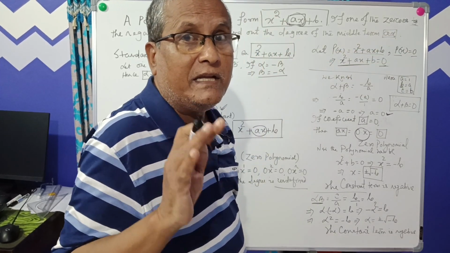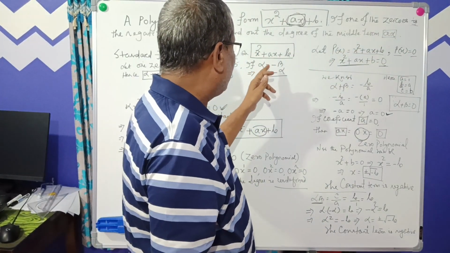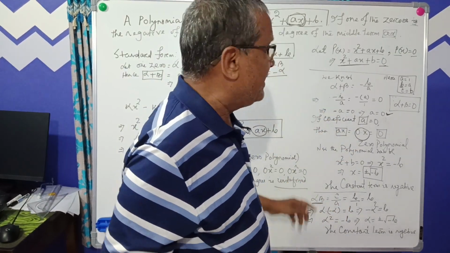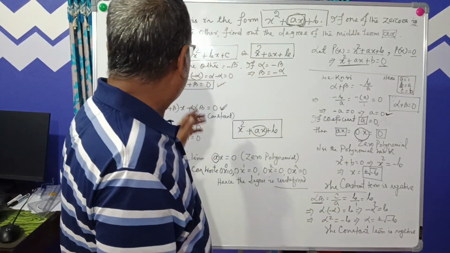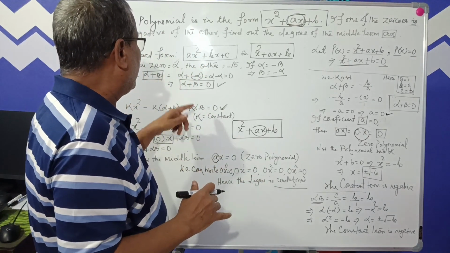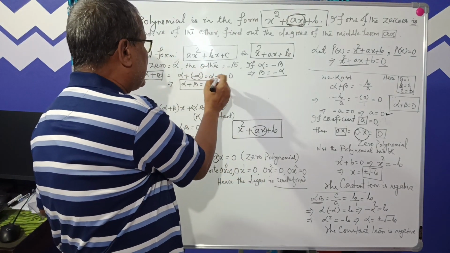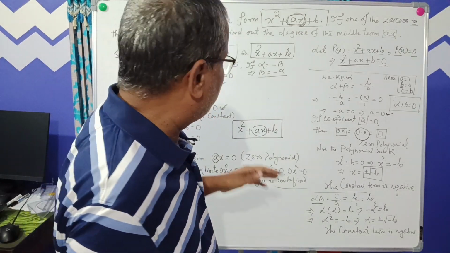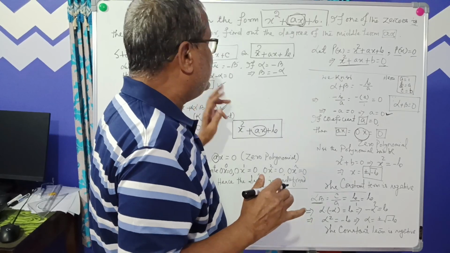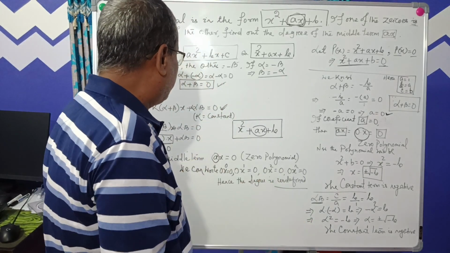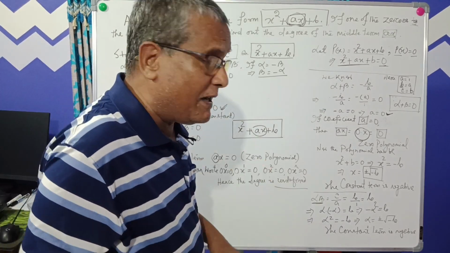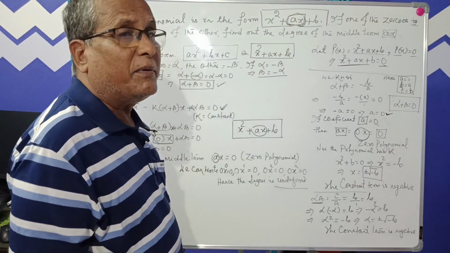This is the key point. If alpha is equal to minus beta, then multiplying by minus on both sides, beta is equal to minus alpha. So naturally, if we take the sum of the two zeros, alpha plus beta, we get alpha minus alpha, which is 0. Now we have the sum of the two zeros as 0.